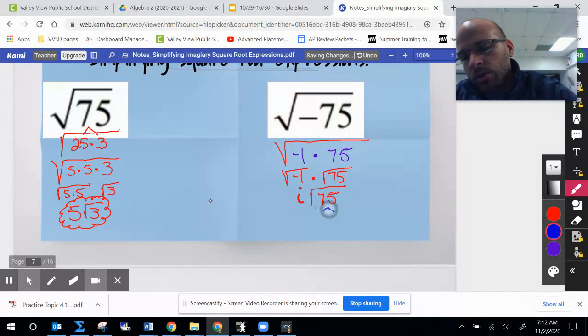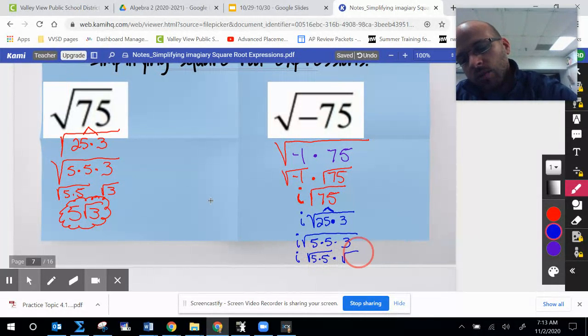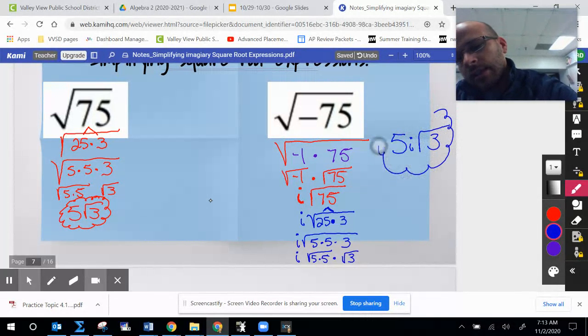So when you take that i off, now I have a 25 times 3, again, with that i in front. Then I have an i times 5 times 5 times 3. I have an i times the square root of 5 times 5 times the square root of 3. And the square root of 5 times 5 is just 5. So we have a 5 and an i out front and a 3 left inside.